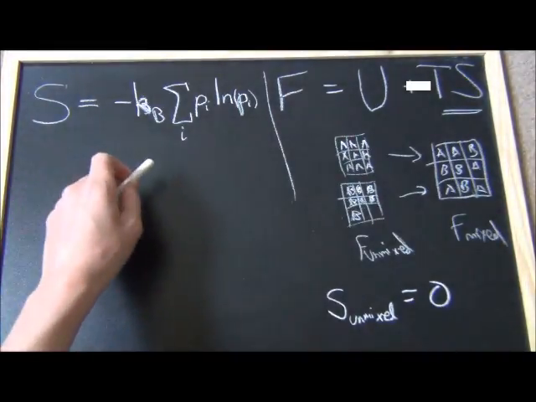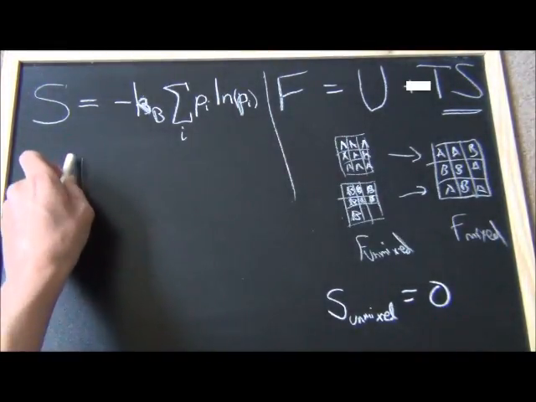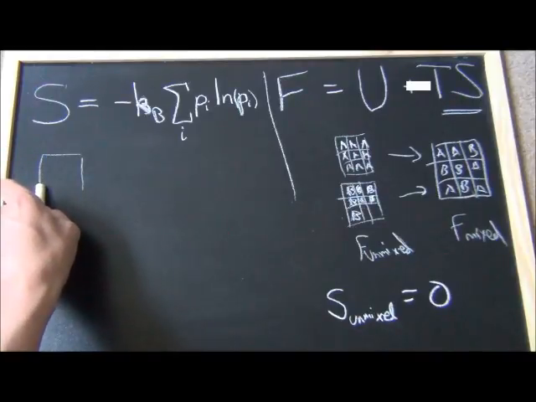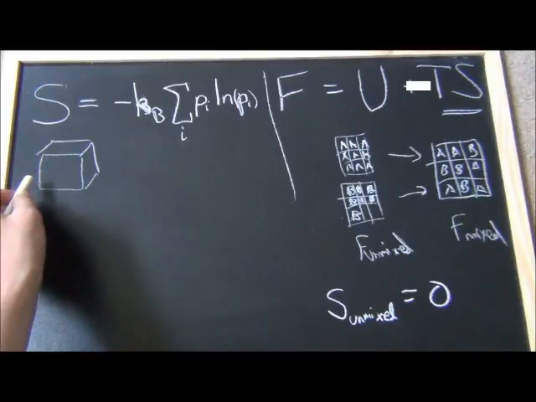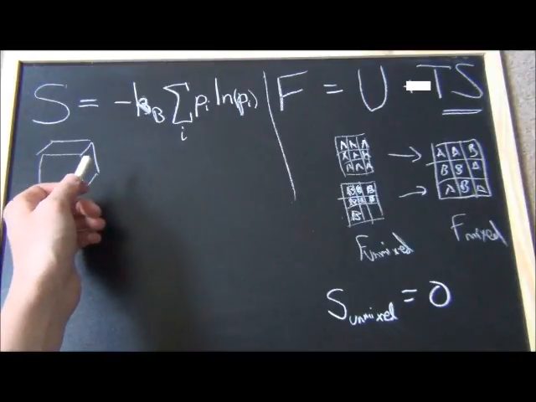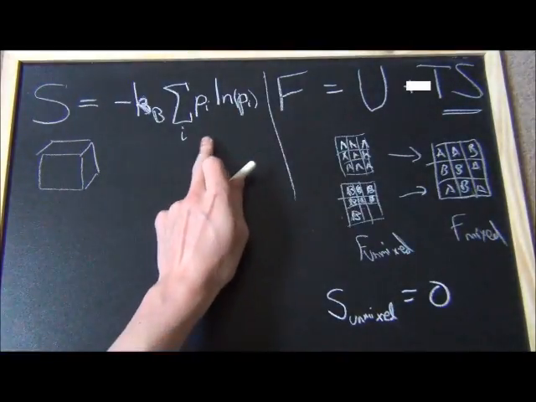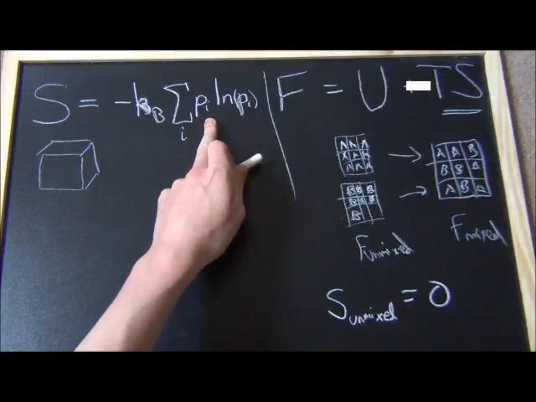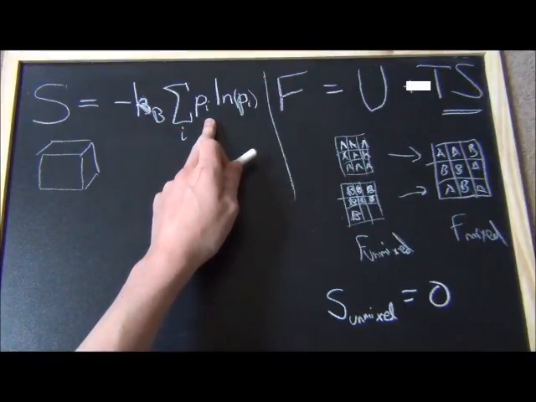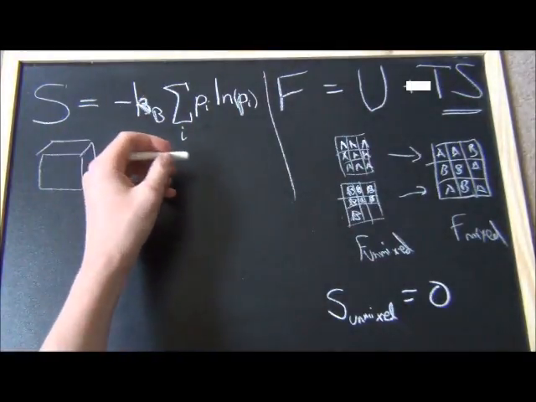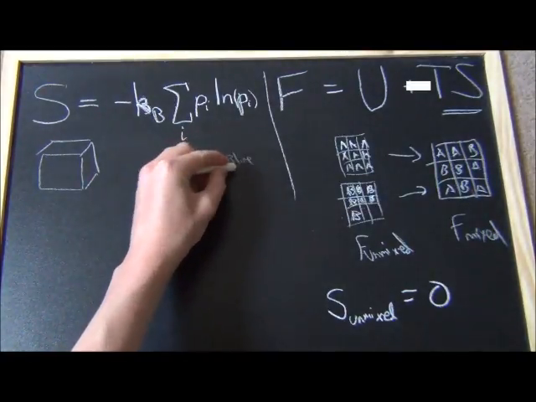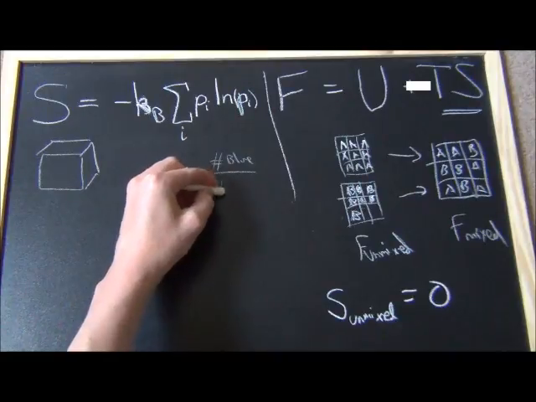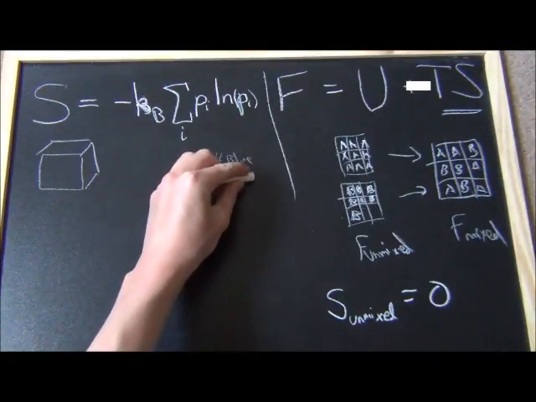So let's consider the entropy for just one little lattice cube that could either have a blue marble or a red marble. Well, we sum over probabilities. What's the probability of it being a blue marble? Well, it's quite easy. We just take the number of blue marbles and divide it by the number of marbles.